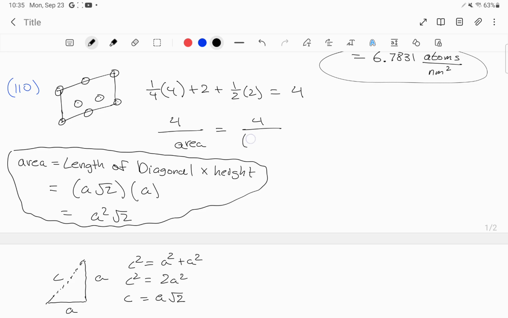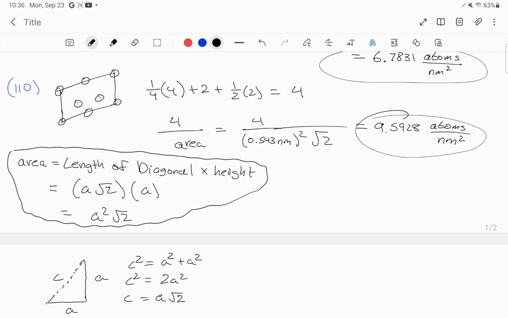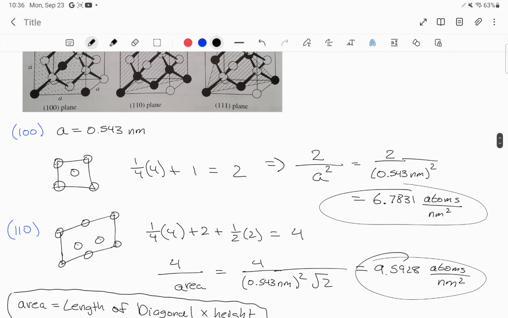It is going to be the lattice parameter, which is 0.543 nanometers squared times the square root of 2. So that should give us 9.5928 atoms per square nanometer. And that's for the 110 plane.